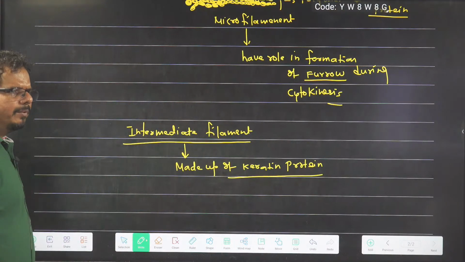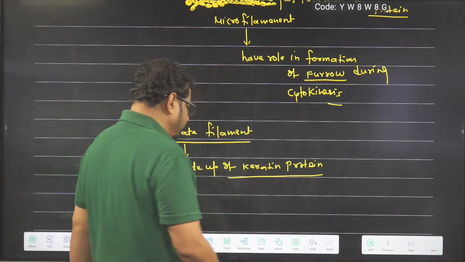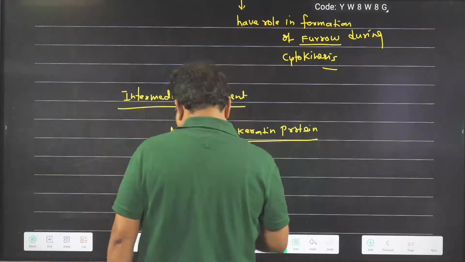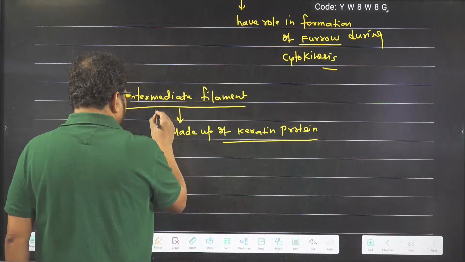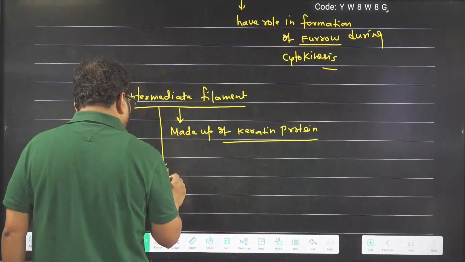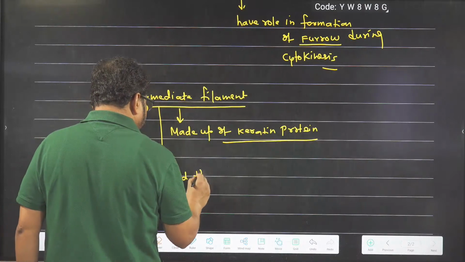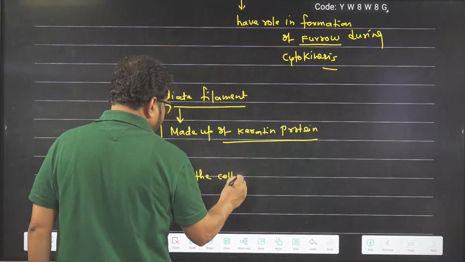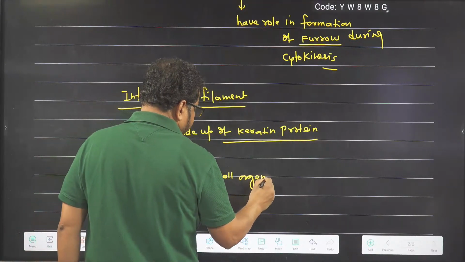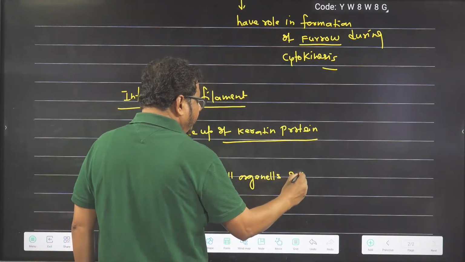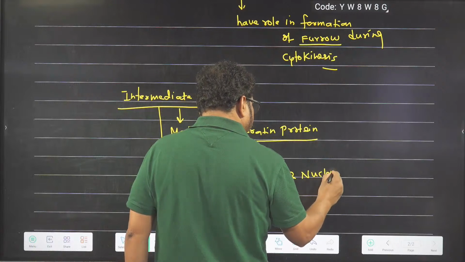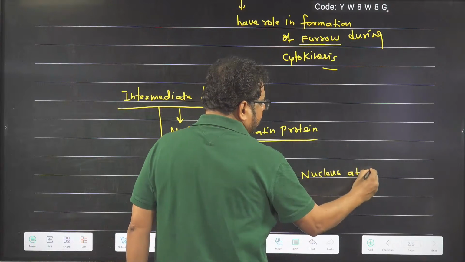Got the idea? Made up of which one? Keratin protein. And these intermediate filaments hold the cell organelles and nucleus at their place.